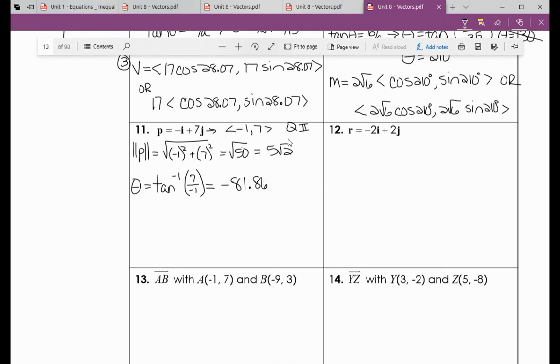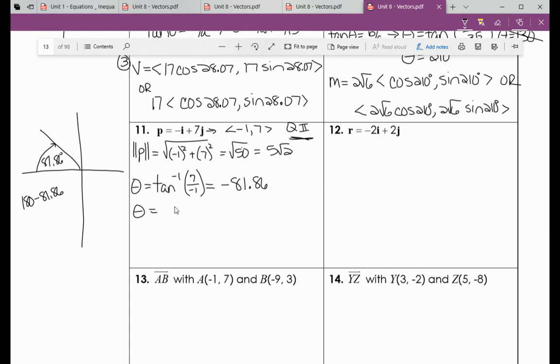Now, I need a second quadrant angle. So I'm going to come over here and backtrack 81.86 degrees. Basically, 180 minus 81.86 will give me the second quadrant angle theta that I need.